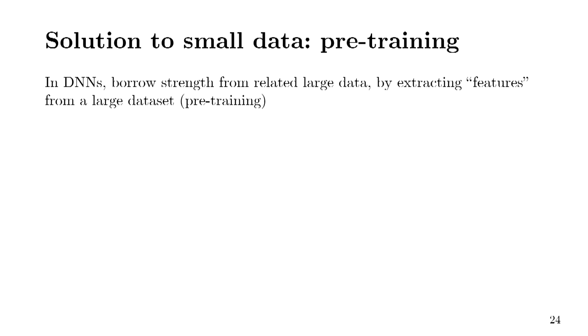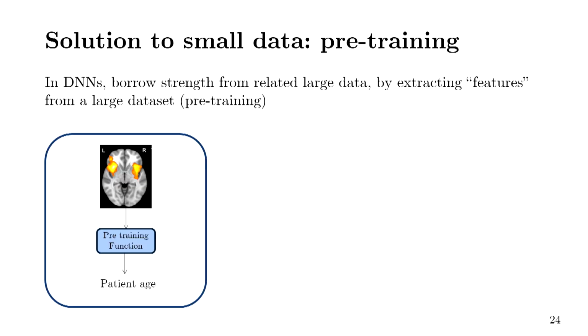So, for example, if I want to use fMRI images to predict type of pain, maybe I have access to another data set, and this is a large data set. They didn't measure pain in this data set, but they have a lot of fMRIs. So one thing I could do is take their fMRIs and learn a function that predicts some label that they have in their training data, like patient age. That's one way to do pre-training.